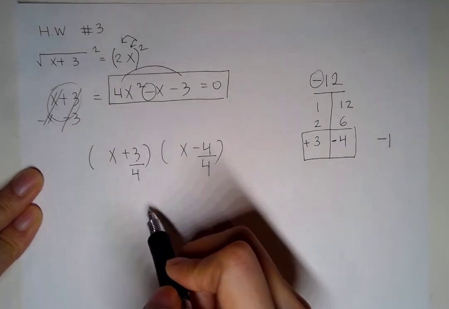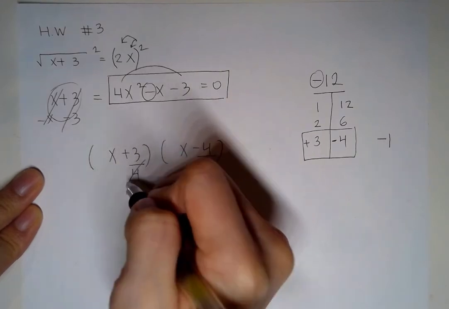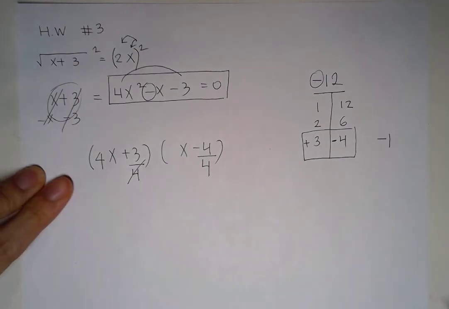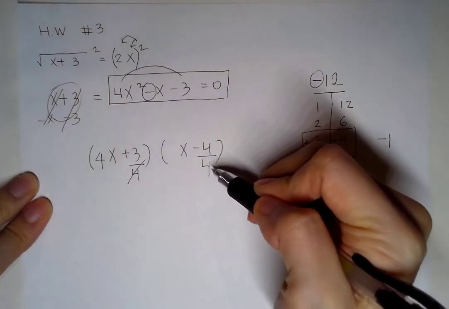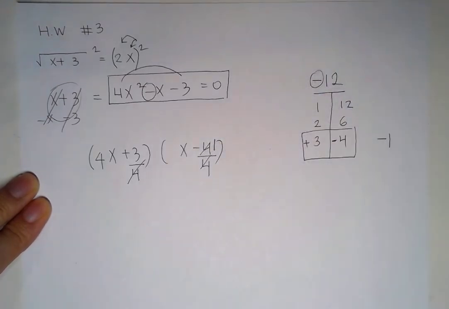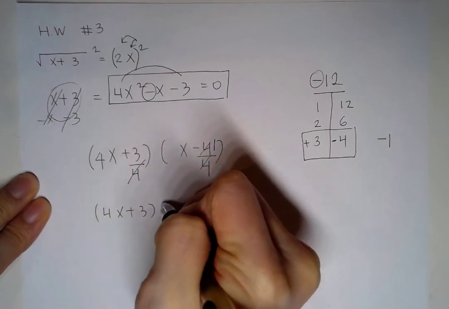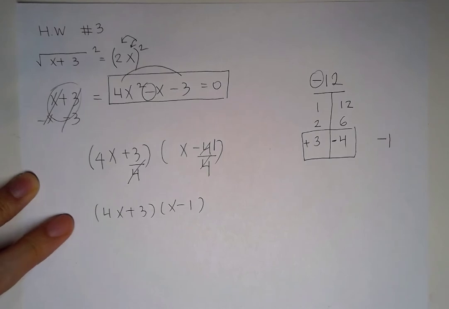Can you simplify this? 3 and 4? No. Then bottoms up, right? So I get 4x plus 3 for the first one. And my second one, can you divide it? Yes, by 4. So you make it 1. All right? So 4x plus 3 and x minus 1. Like that. So this is my factored form.